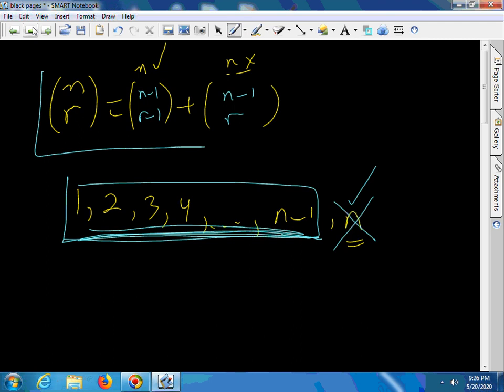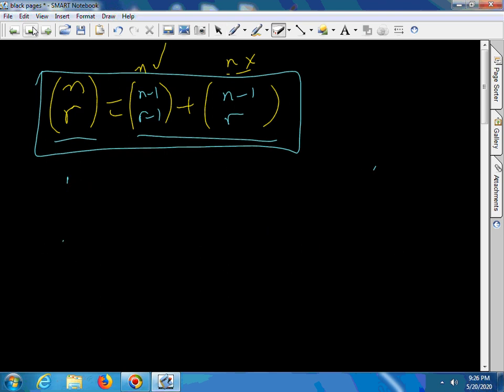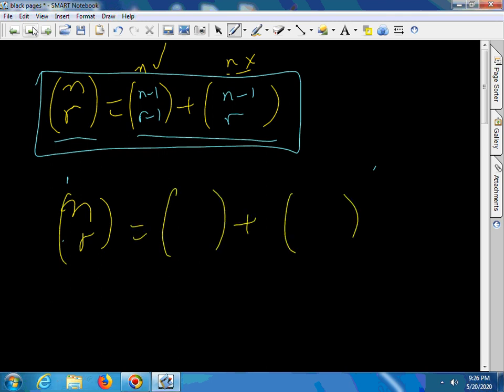And there is a combinatoric argument why this is equal to that. And we are going to use that. Now, just to say it somewhat in words, you have n choose r, and when it comes to the top part, the n's go down by 1. Always, in both cases. And the bottom number, one of them stays r, and the other one becomes 1 lower.